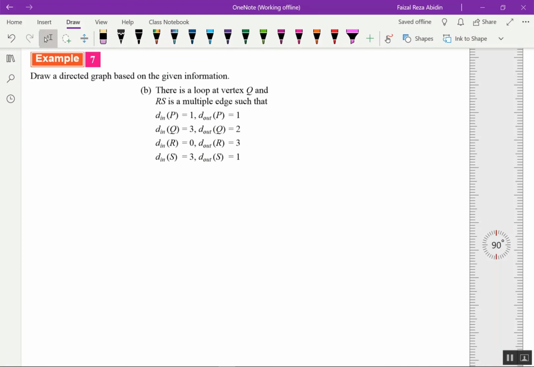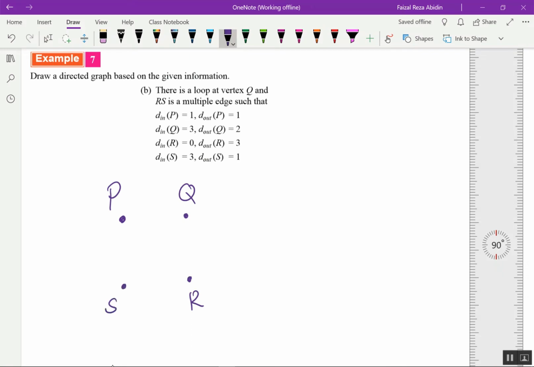Okay, so the vertices given here P, Q, R, S. Okay, and then they also give the degree in and the degree out there. So first of all, I want to draw my vertices for P, Q, R, and S.